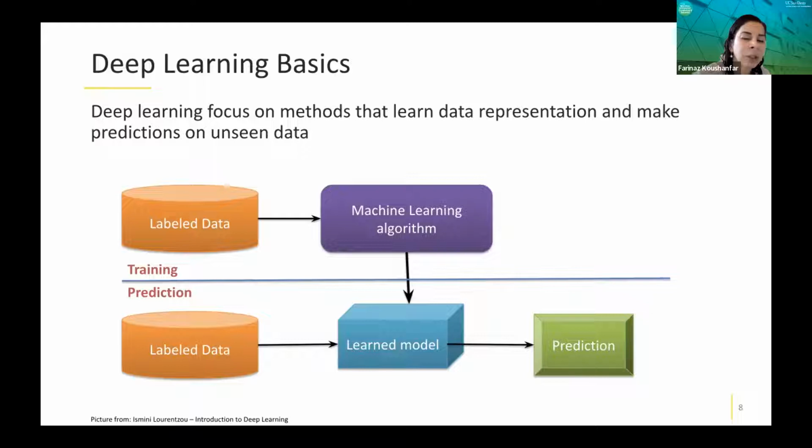During prediction, the learned model is just used with some data, and then the prediction happens. Now, of course, this is a supervised learning scenario. In unsupervised learning, you may just have data that is not labeled, and then you try to learn it with some algorithm. Unsupervised learning has also improved a lot with deep algorithms.